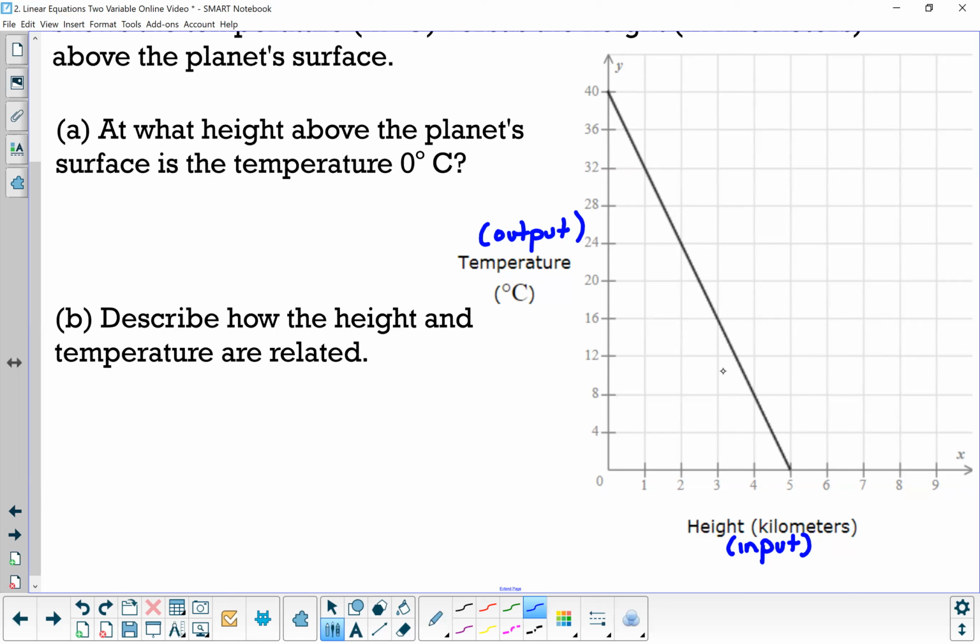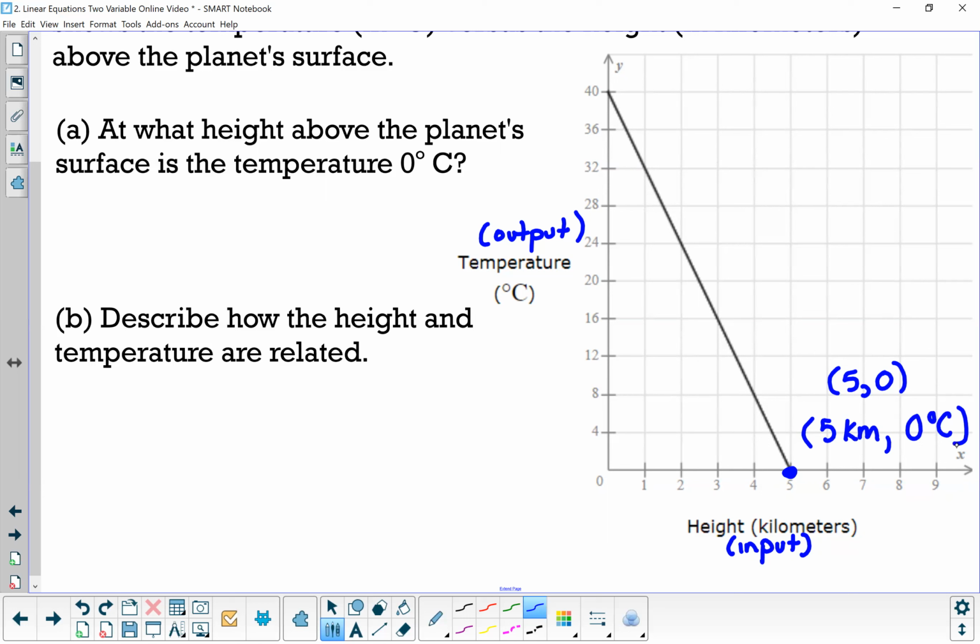We can also identify our intercepts, starting with the x-intercept, which is at this point here. That ordered pair is going to be the coordinates 5, 0, or with the units, we can say 5 kilometers and 0 degrees Celsius.